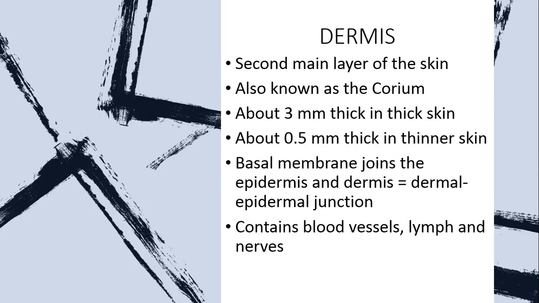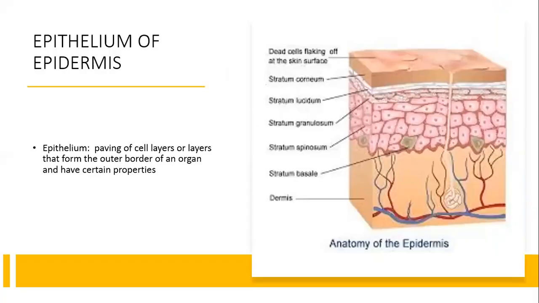Okay, so when we go back and recap quickly, from the top to the bottom, we said it's the stratum corneum, the stratum lucidum, the stratum granulosum, the stratum spinosum, the stratum basale, and then the dermis. So a simple rhyme for you to remember from the top to the bottom: just forget about the stratum.